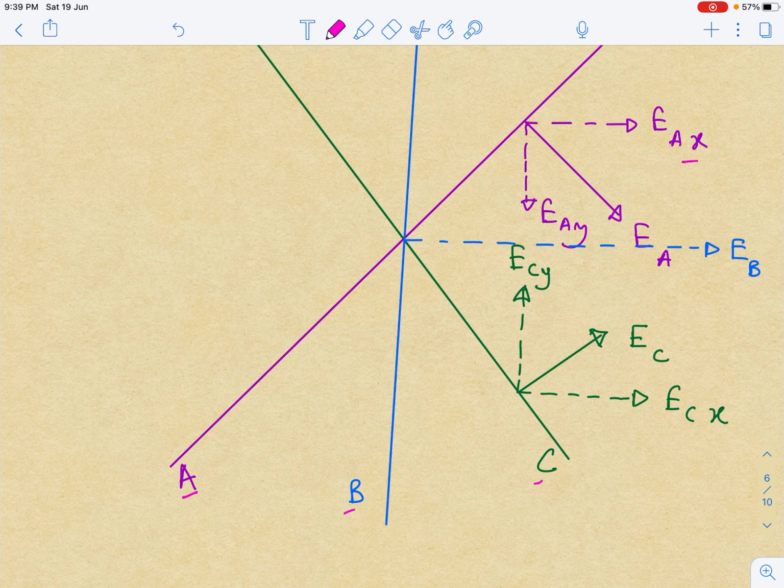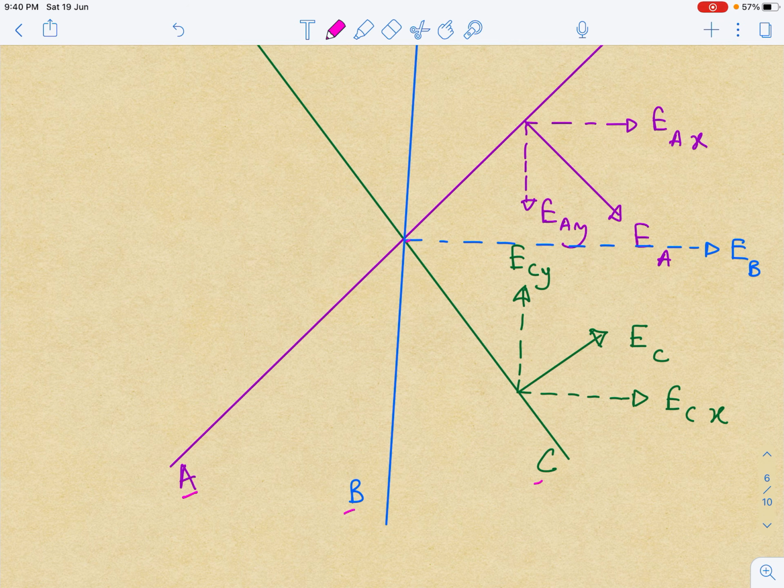Similarly for C, it is perpendicular to this plane and also has X component and Y component, no harm in it. And then think about B. For B, since it is vertical, the field is in the X direction, so that is EB. I hope it is quite understandable for all of you.